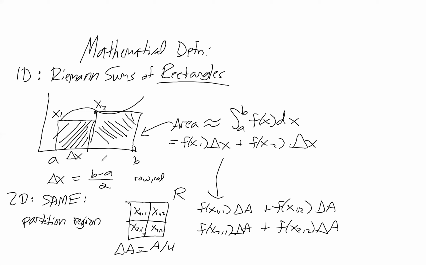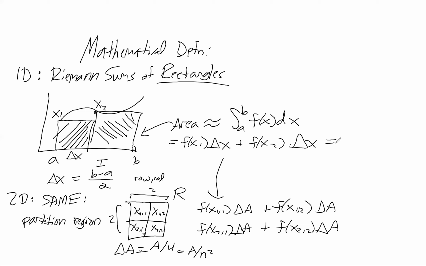This, of course, b minus a, that's the length of the interval. So we could also call this a divided by n squared, because we have 2 subdivisions in both directions. So now you can see what it's like if you do 2 subdivisions.